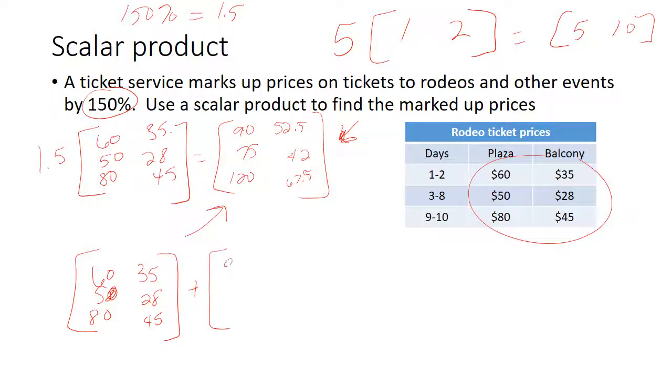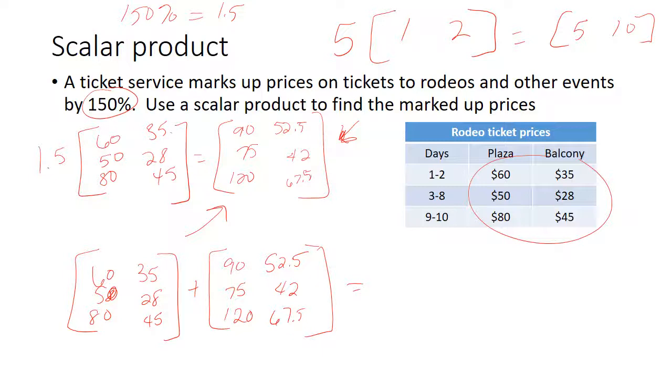So it'll be plus the 90, 75, 120, 52.5, 42, and 67.5.